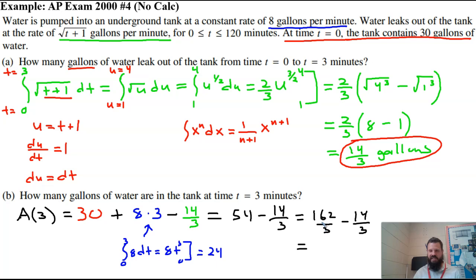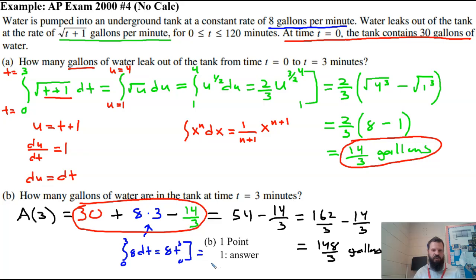Okay, subtract, and that's going to give me 148 thirds, and we're talking gallons. All right, again, that's my cleaned up answer, but there's nothing wrong with leaving things right here, because again, you don't have to simplify arithmetic on the AP exam.